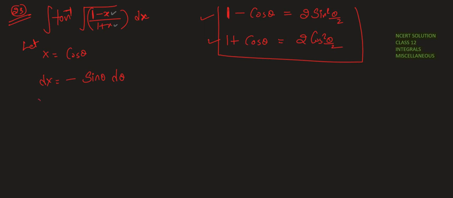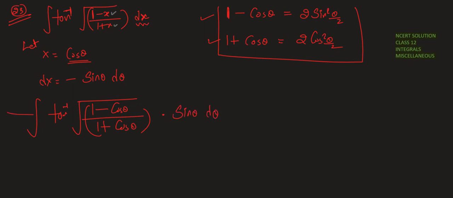So let me put here tan inverse of integration square root of 1 minus x, where x is cos theta, by 1 plus cos theta, into dx, which is minus sin theta d theta.